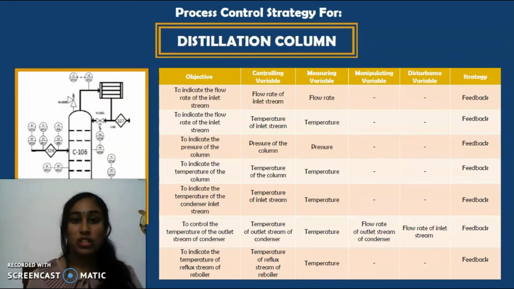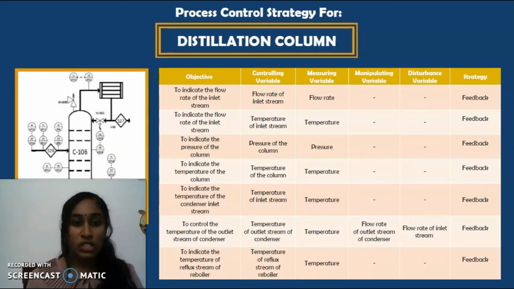Moving on to the distillation column, there are a few indicators and one controller in the distillation column. The first one is a flow indicator to indicate the flow rate of the inlet stream with the controlling variable of flow rate of inlet stream. There is no manipulating variable and disturbance variable for indicators.